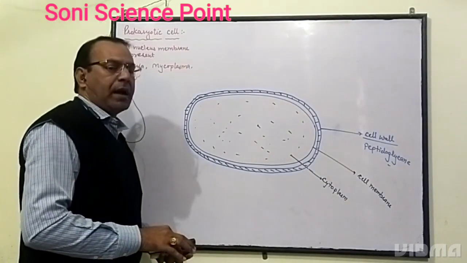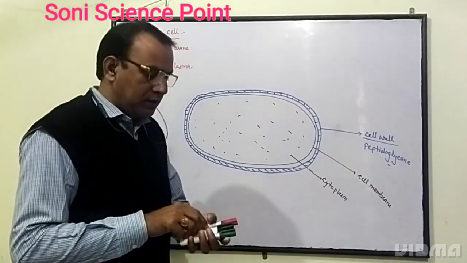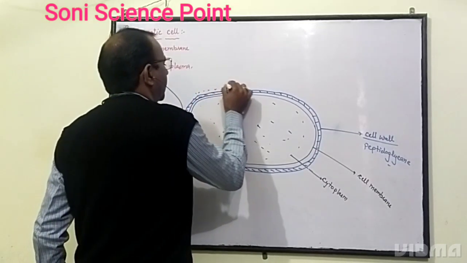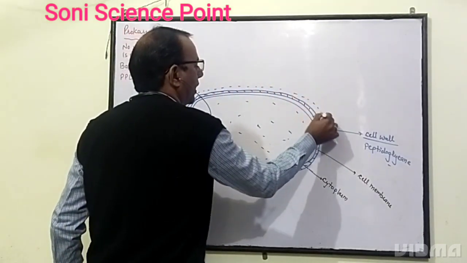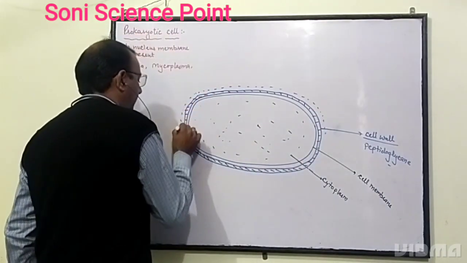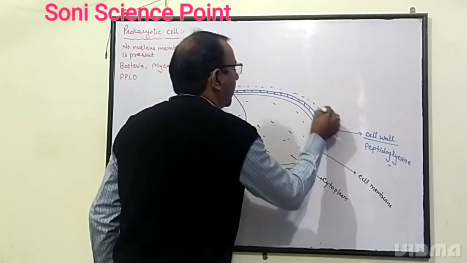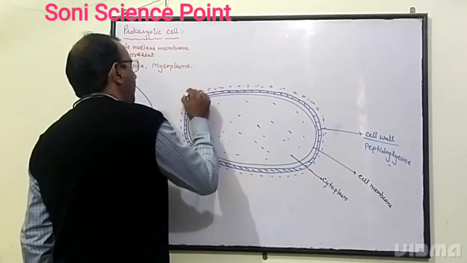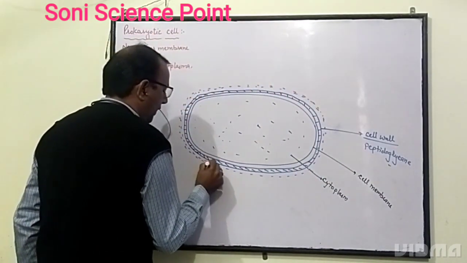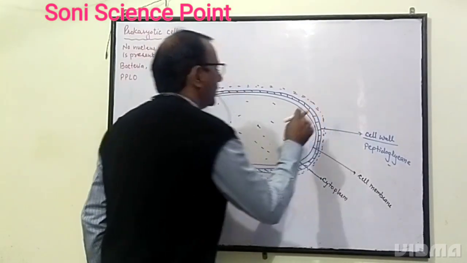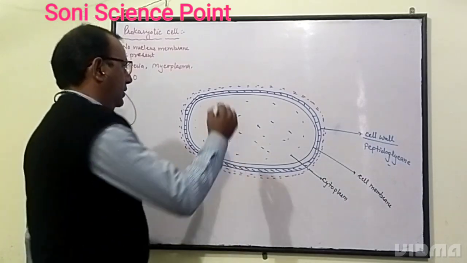Just outside the peptidoglycan cell wall, a gelatinous layer is also present, which makes another outer covering. This gelatinous layer helps in adhering the prokaryotic organism to a solid surface.